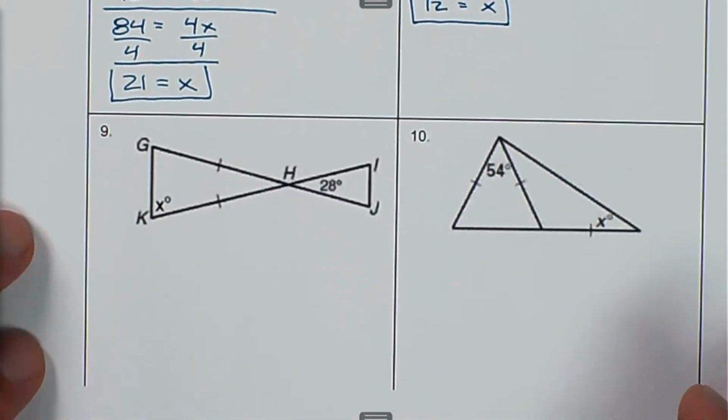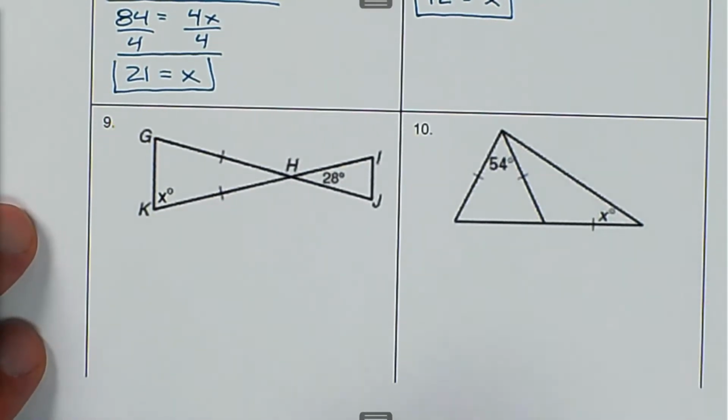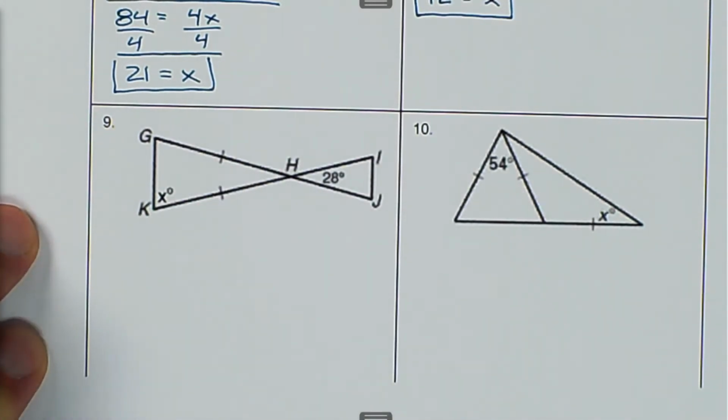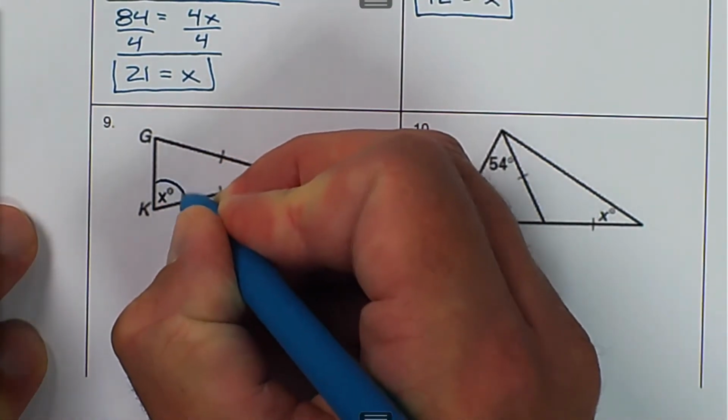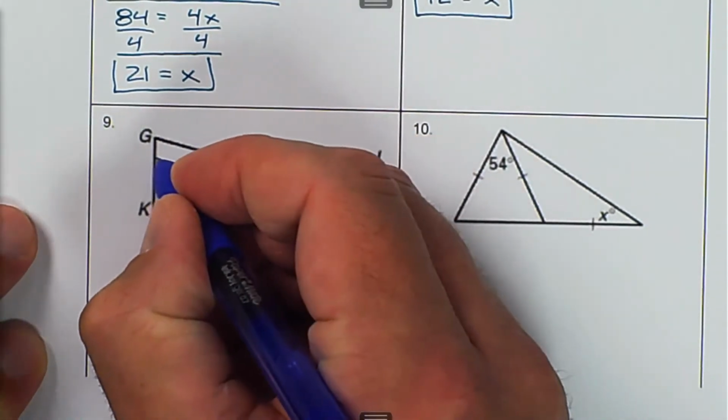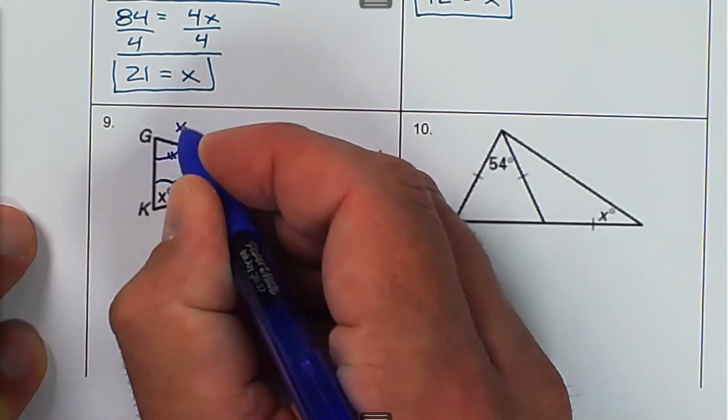We have two last examples. And here we have, to start out with, we know that this is an isosceles triangle. So if this angle is x, then this angle G is also x.